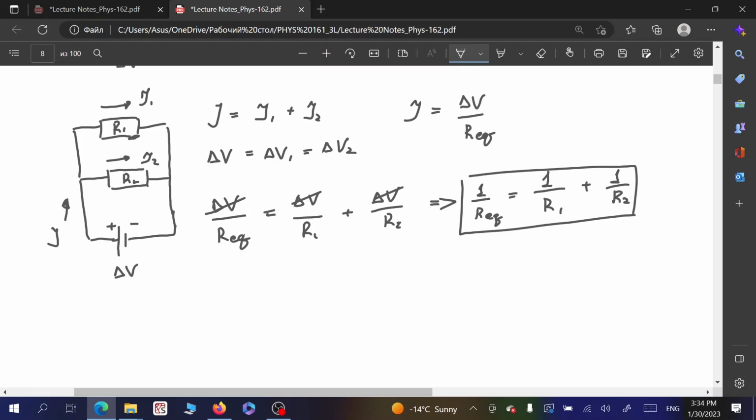So we also need to discuss here two Kirchhoff's laws, which are very handy when we deal with electric circuits. Both DC and AC, because these Kirchhoff's laws concepts are applicable to any type of electric circuits.